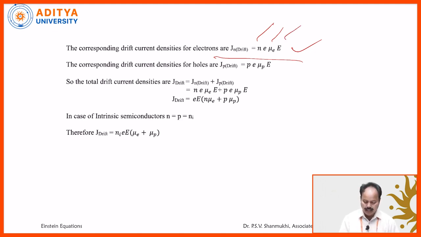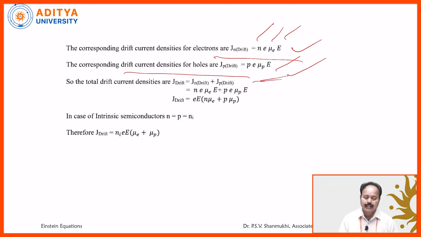In the same way, the corresponding current density due to holes is Jp drift equal to P e mu h into E, where P is the hole density, e is the charge, mu h is the mobility of holes, and E is the applied electric field.